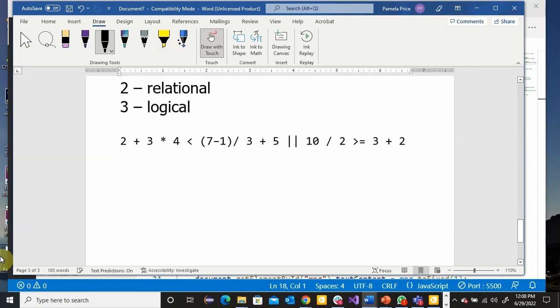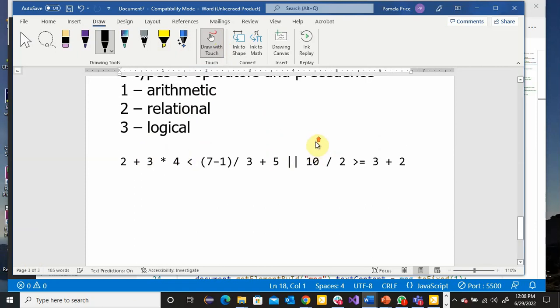So let's work through it step by step. So we first have to do the mathematical operations, and we have to use order of precedence there. So, for example, multiplication here has precedence over addition. So this becomes 2 plus 3 times 4 is 12.